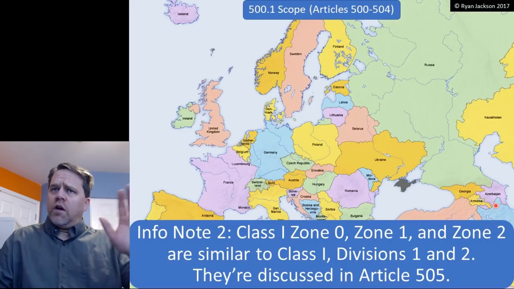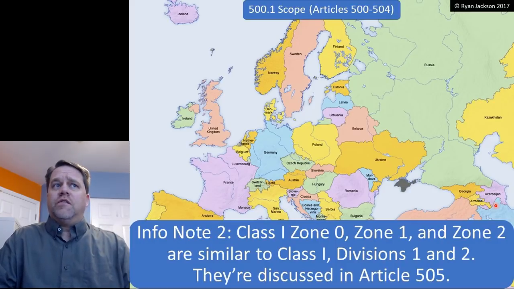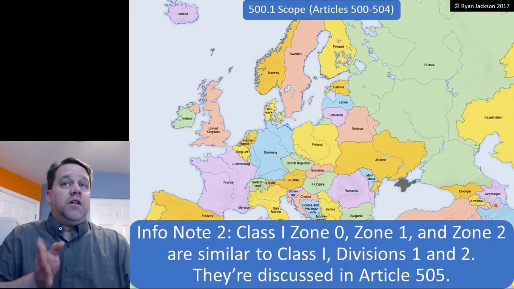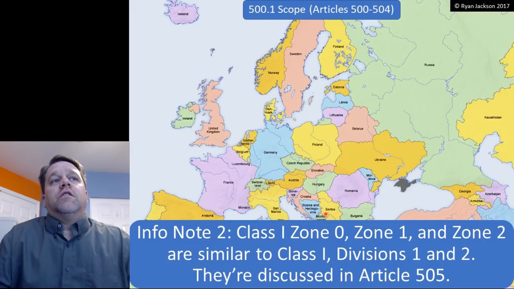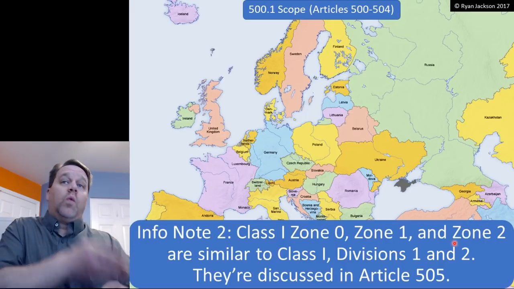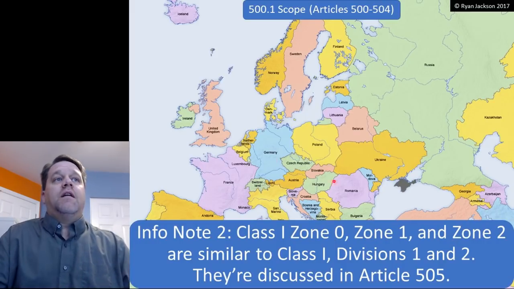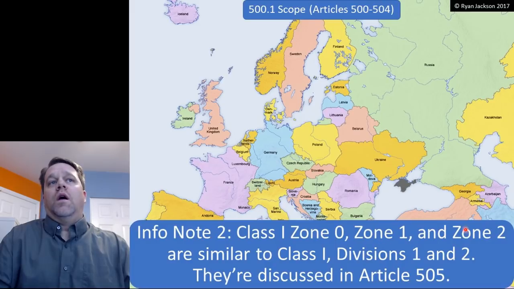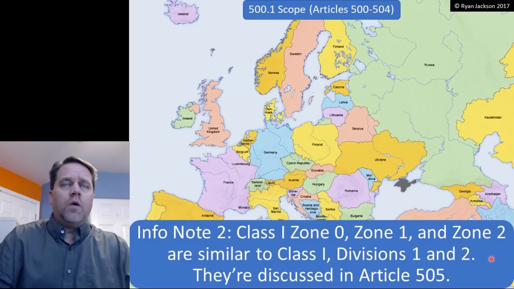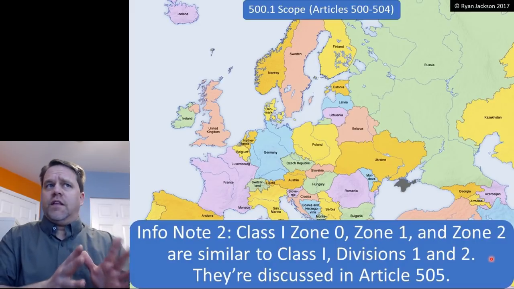So we're not going to spend any more time on the zone method, other than to say that it does exist. And you'll notice that there's Zone 0, Zone 1, and Zone 2. We only have Class 1 Division 1 and 2. They have Class 1, Zone 0, Zone 1, and Zone 2. So just letting you know that it does exist.